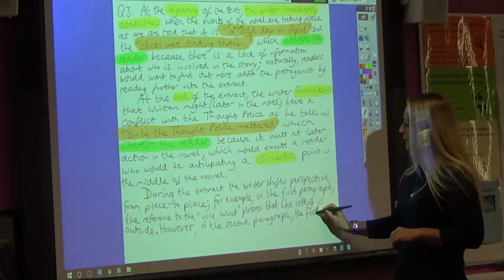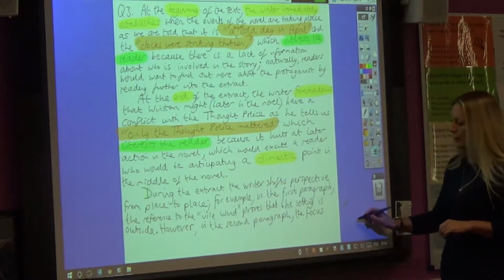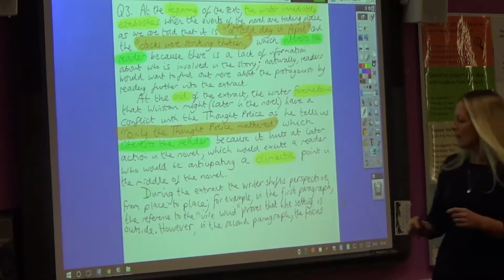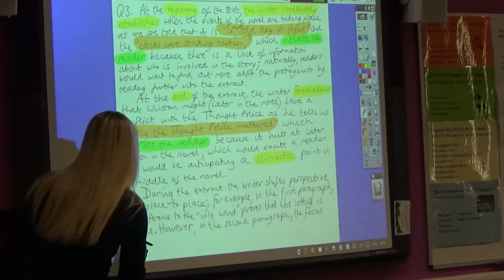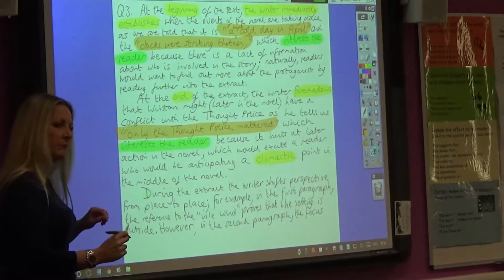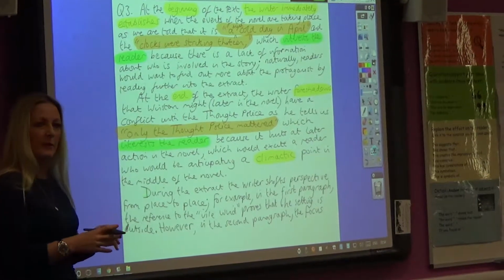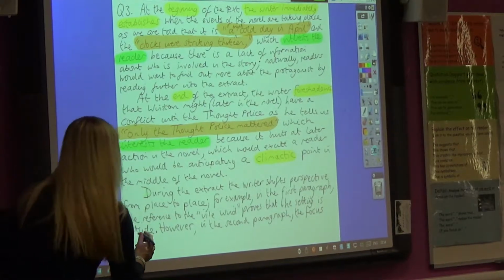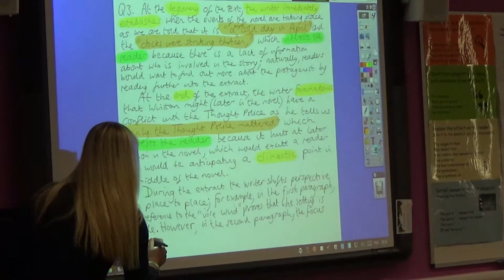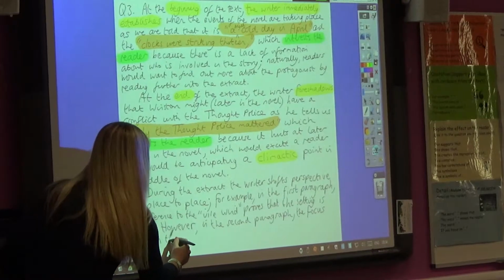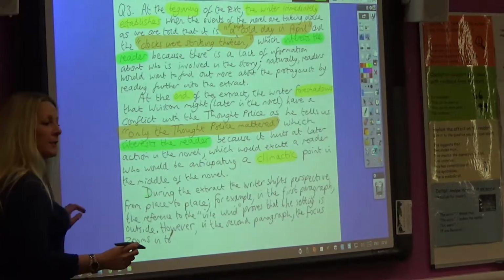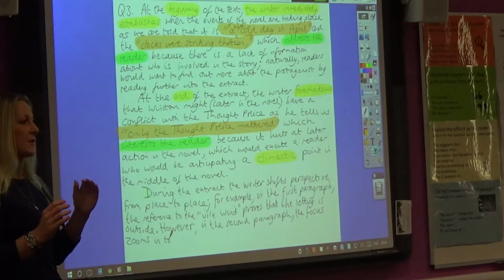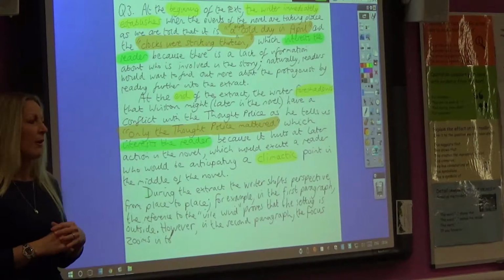Let's use the word focus to show that you can use either term. So, however, in the second paragraph, the focus, do you want to use zooms in? Do you think it does zoom in to a specific place? Yeah? Okay. Right, can we embed a quotation that supports that we've gone inside in the second paragraph?